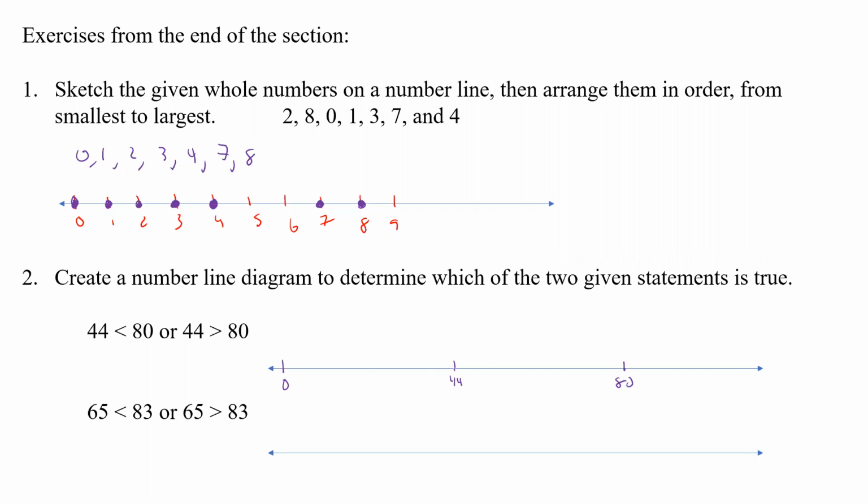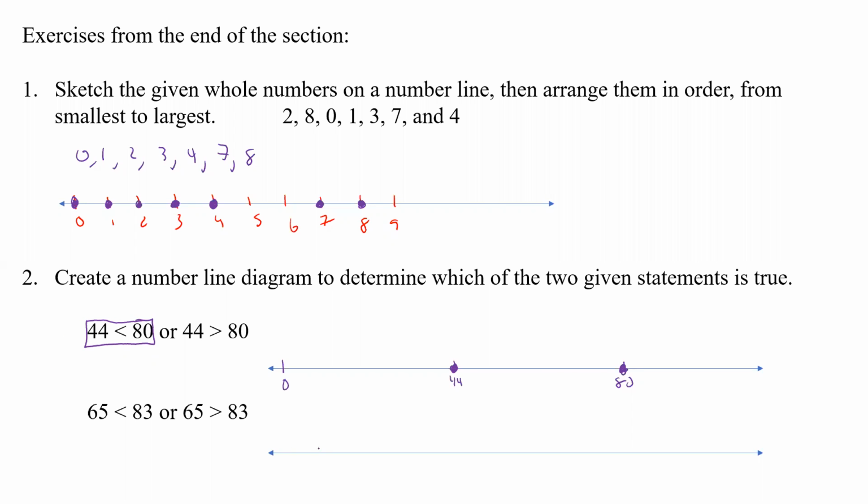So I have the point 44 and the point 80. What is the true statement? Well, 44 is to the left of 80, so 44 is less than 80, and so that would be our choice.